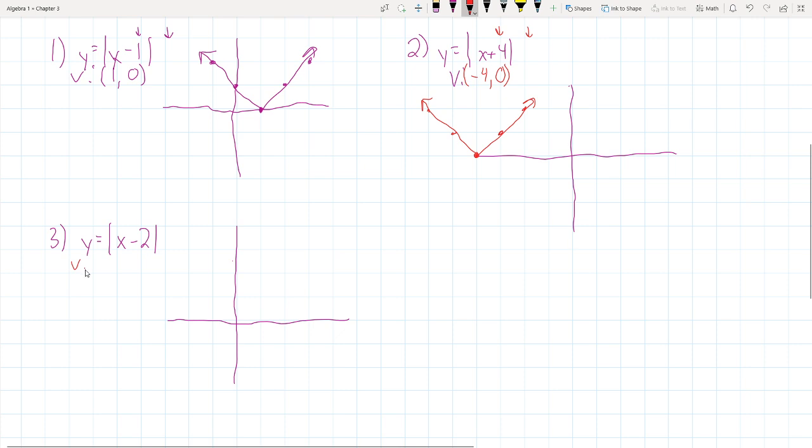My vertex winds up being 2, 0. Again, it's this value, but the opposite of this. And then k. So 1, 2, put a dot, up 1 over 1, up 1 over 1. Going to the left, same deal, up 1 over 1, up 1 over 1. Just like so.